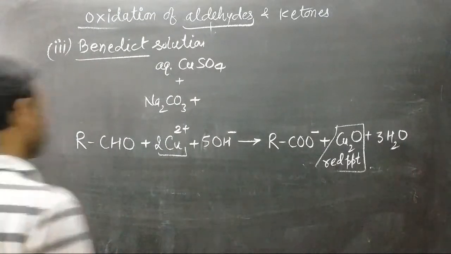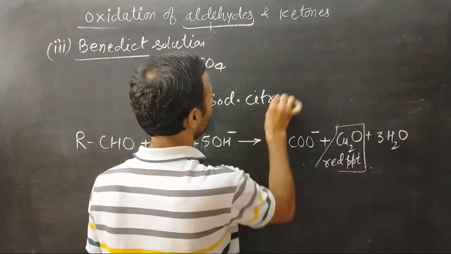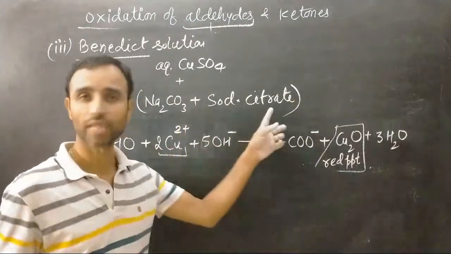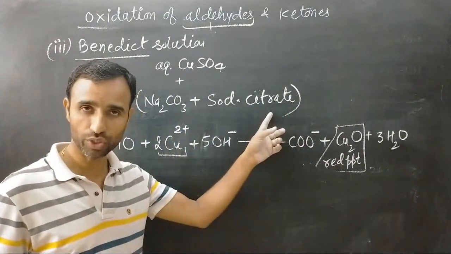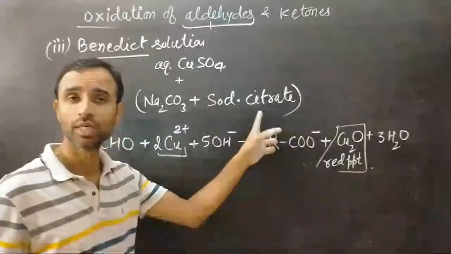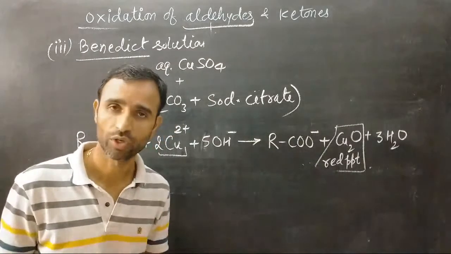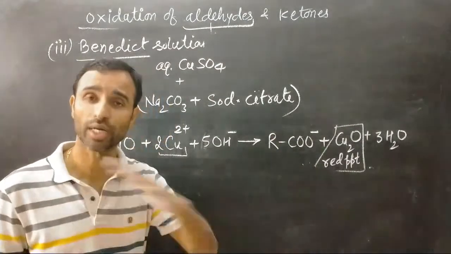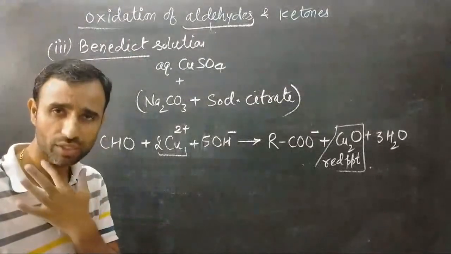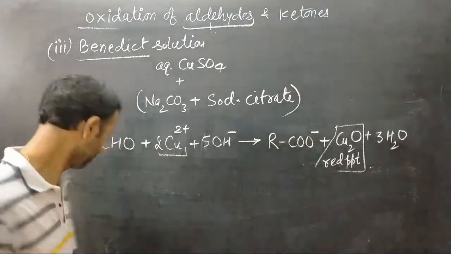So instead of tartrate ions in Fehling solution, copper 2 plus forms a soluble complex with citrate ions in Benedict solution. Except this, all other things are same. Sodium carbonate, you know, is also a base. Solution is basic only, right?